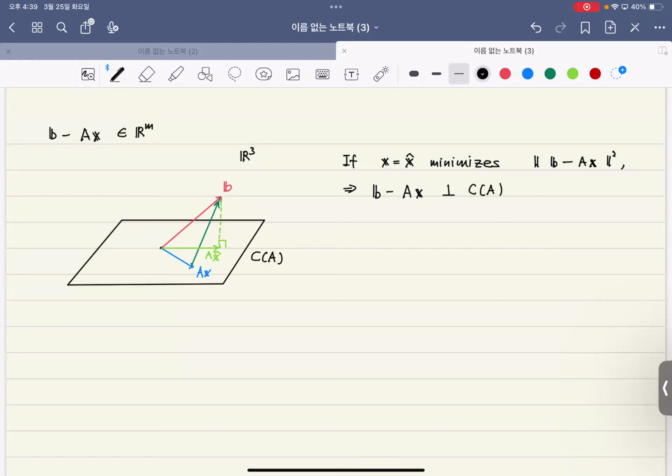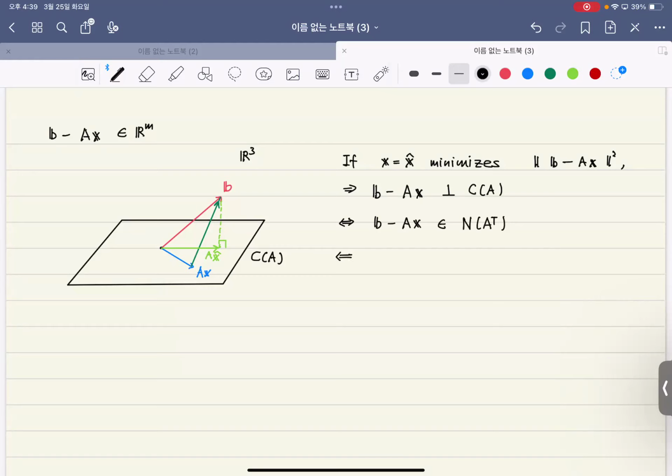But you know, the orthogonal complement of the column space is the left null space. So in other words, B minus AX must be a vector in the left null space.